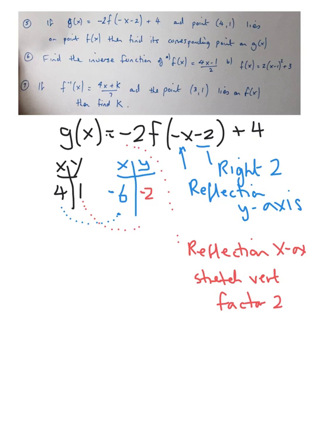And then the final bit we've got to do is the +4 at the end here, which means taking the y value up 4 units. The x value is completely unaffected, that stays at -6, and then we take -2 and we shift up 4 and we get +2 as the answer. And the final reflected point for the point 4, 1 is -6, 2.